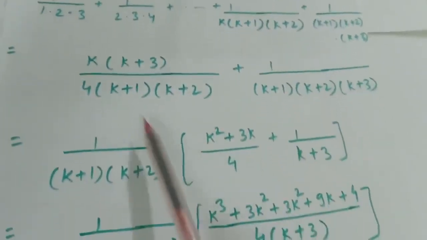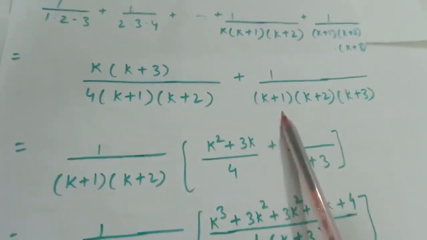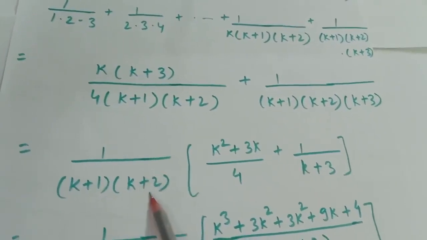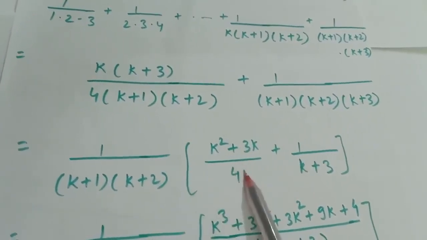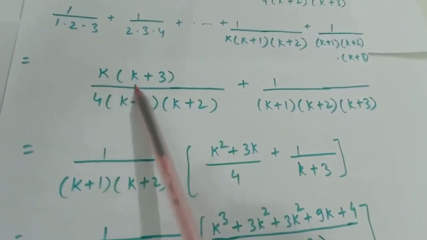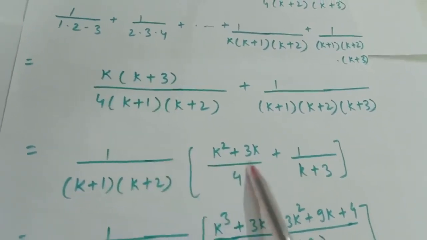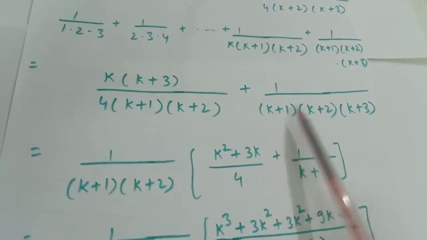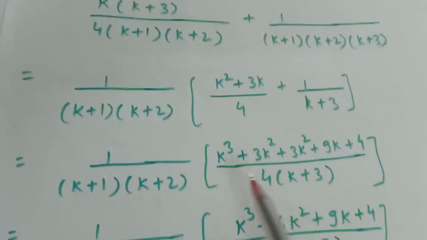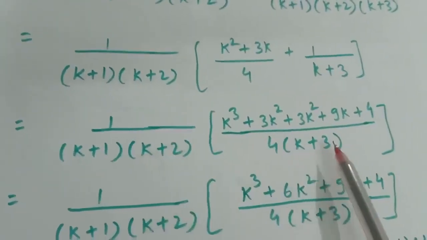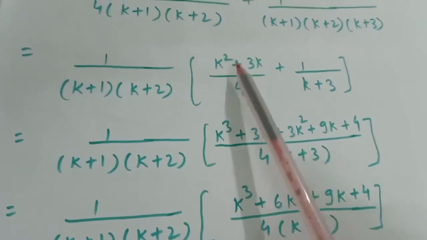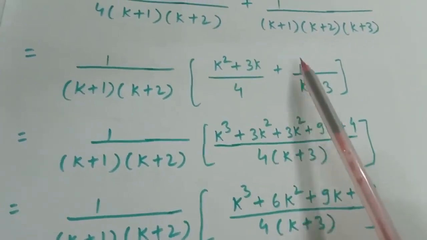Now we can see that (k plus 1) into (k plus 2) is common, so we have taken them common. From here, what will be left in the denominator is 4, in the numerator k square plus 3k, plus, since we have taken these two terms common, the left term is 1 upon (k plus 3). Now taking the LCM of 4 into (k plus 3), multiply this term with (k plus 3) and 1 with 4.